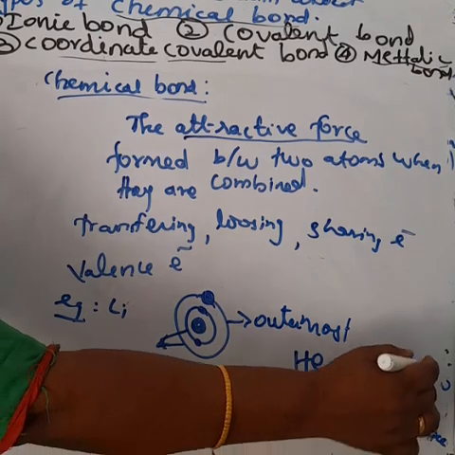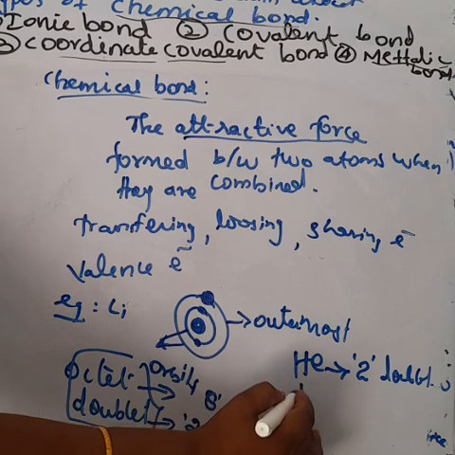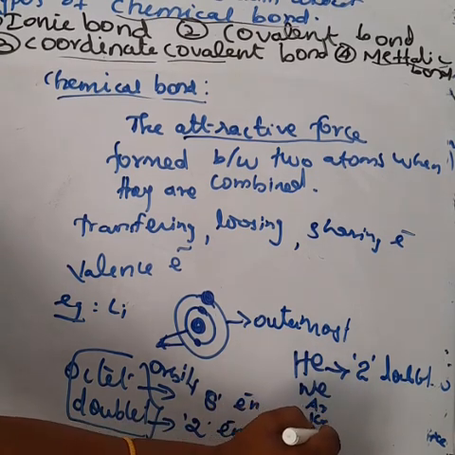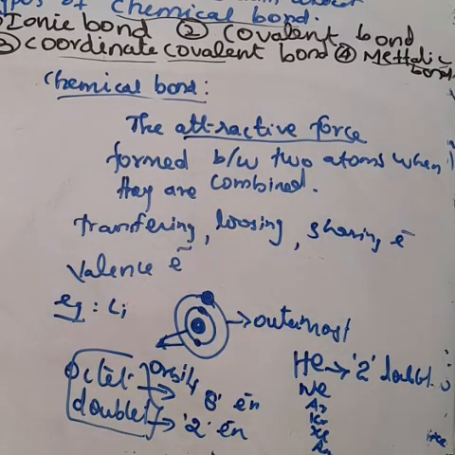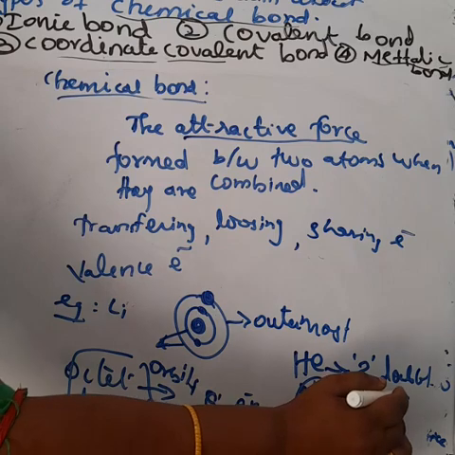Understood? You know about noble gases. Noble gases are helium, neon, argon, krypton, xenon and radon. These noble gases have 8 electrons in their outermost orbit except helium.